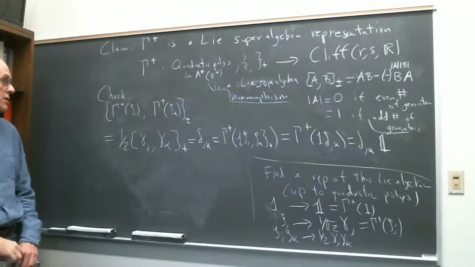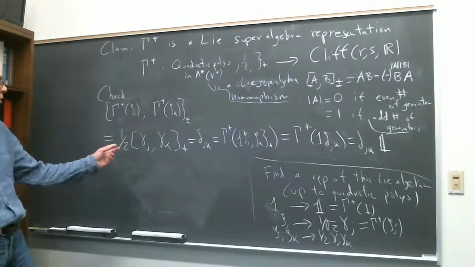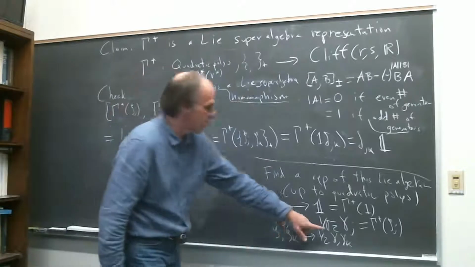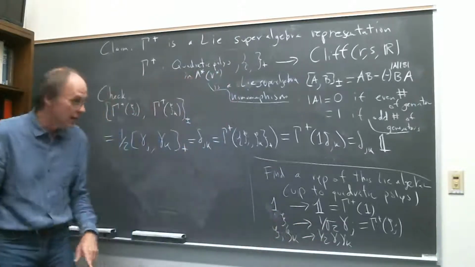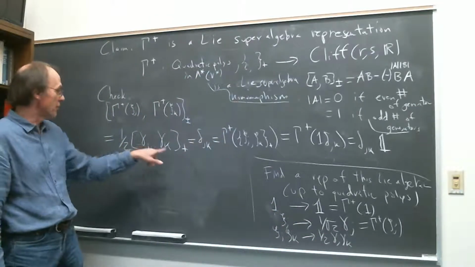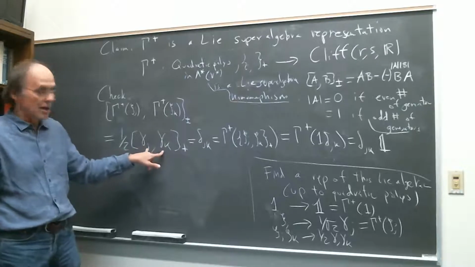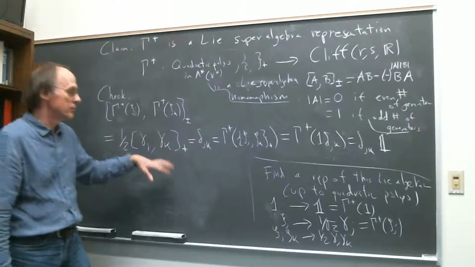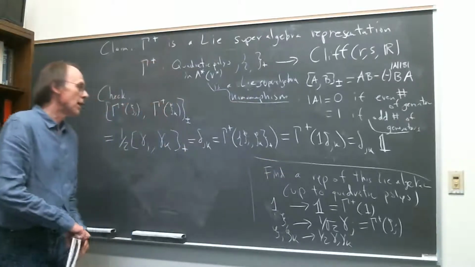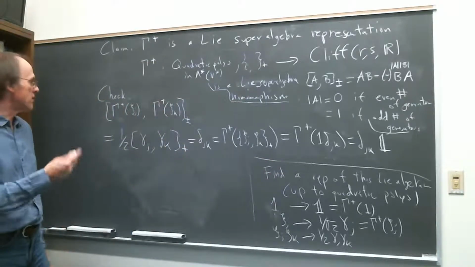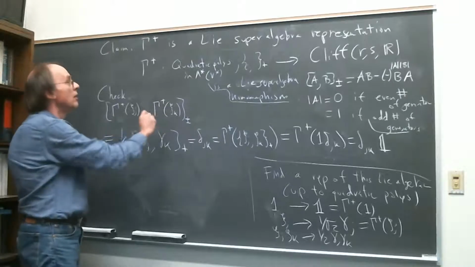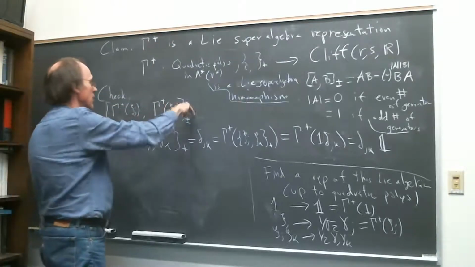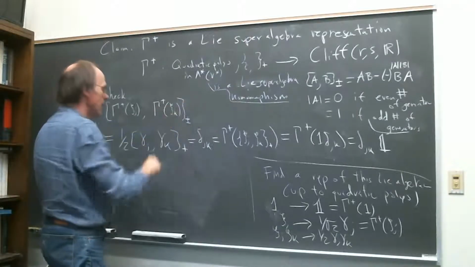This also explains why, to keep everything consistent, you needed a 1 over square root of 2 here. It's to deal with the fact that if you took the anti-commutator of these, you're going to get 2 delta jk. And then it's pretty easy to see that the brackets work out properly if you also put a 1 in there.